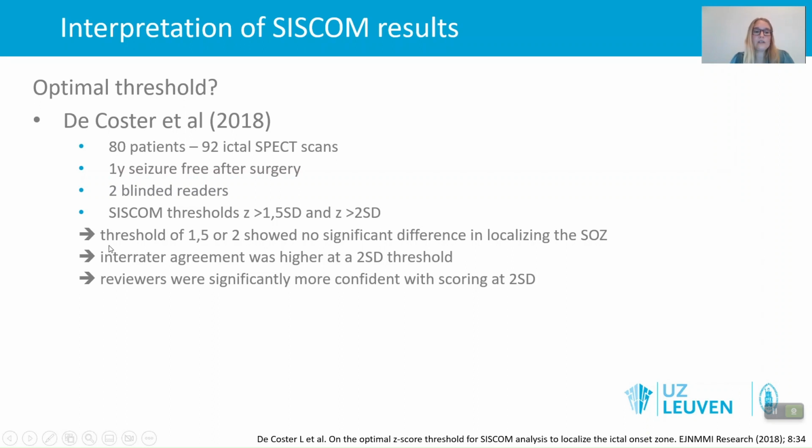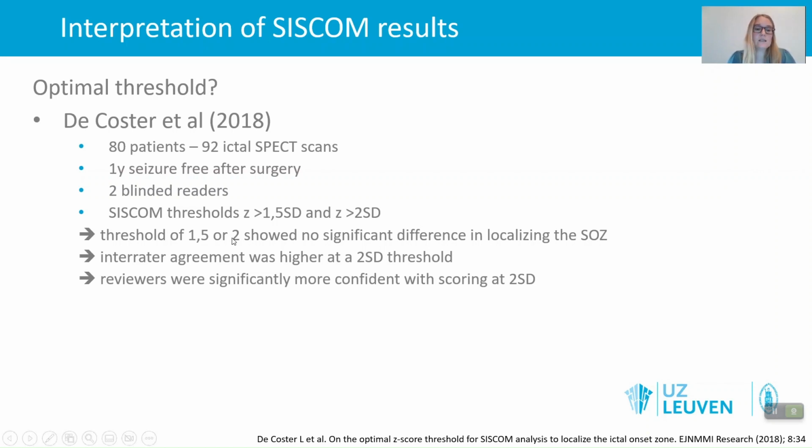Then we checked that there was no significant difference in localizing the seizure onset zone, whether you use a threshold of 1.5 or 2, but the inter-rater agreement was higher at a 2 standard deviation threshold, and reviewers reported that they felt significantly more confident when they were interpreting a SISCOM that was thresholded at 2 standard deviations.